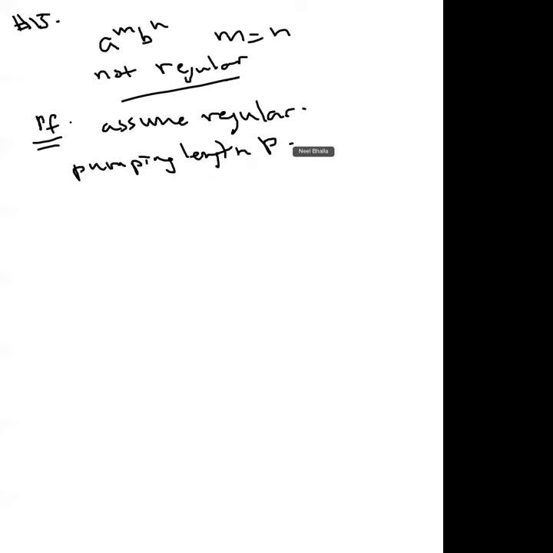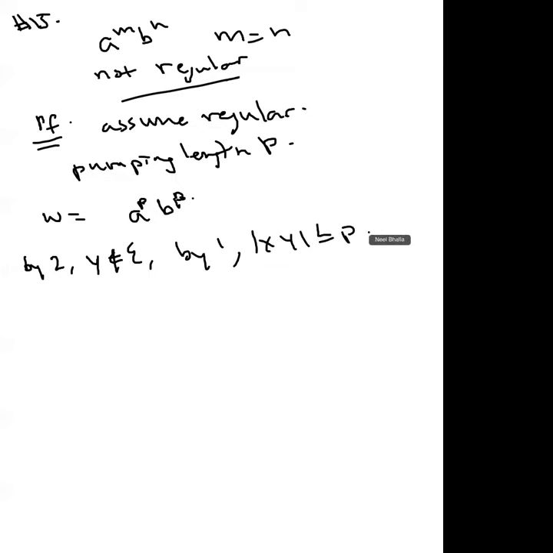So I'm going to select, in this case, just A to the p, B to the p. Keep it simple. Since we're talking about the first p characters, similar to number 12, we know it's going to be all A's. And so when we select it, by 2, we know that y is not equal to empty. And by 1, the length of xy is less than or equal to p. So we know that y has all A's in it.